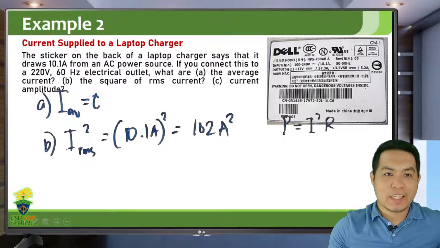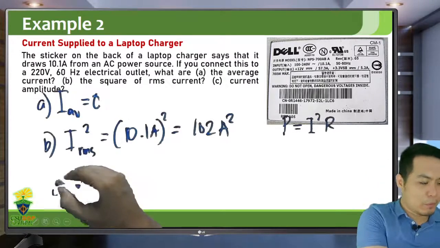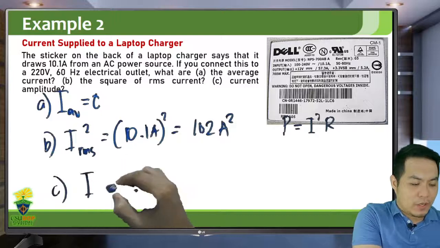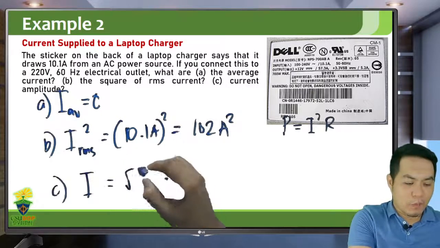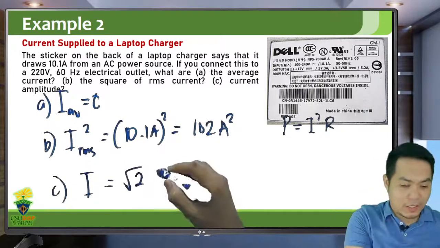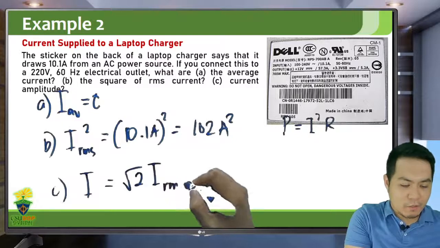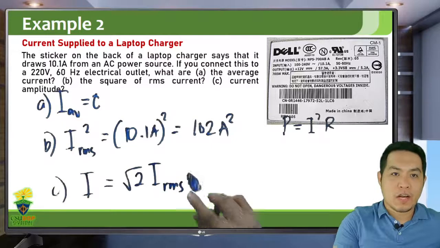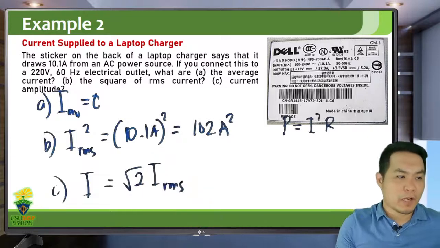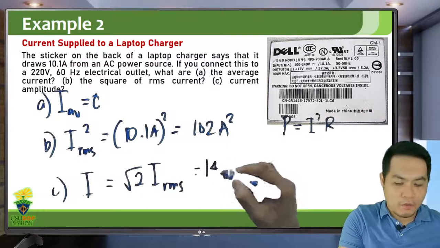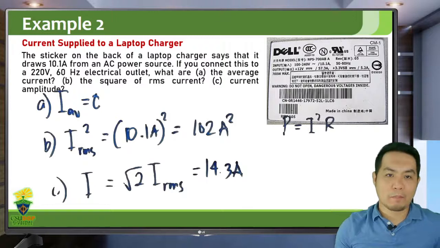Lastly, we are asked to find the current amplitude. Similar to the previous example, we can find the current amplitude by multiplying the IRMS by square root of 2. IRMS is 10.1. You multiply that by square root of 2 and you will get 14.3 amperes.